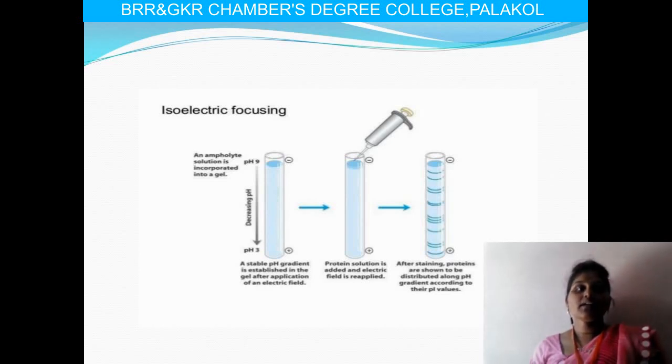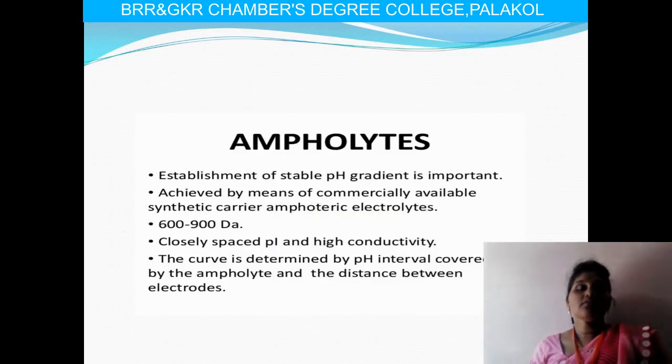If we take a negative charge at pH 9, it will move towards the positive charge at pH 3. Ampholytes are used in this solution, which is incorporated into the gel. First we have to know what is meant by ampholytes.